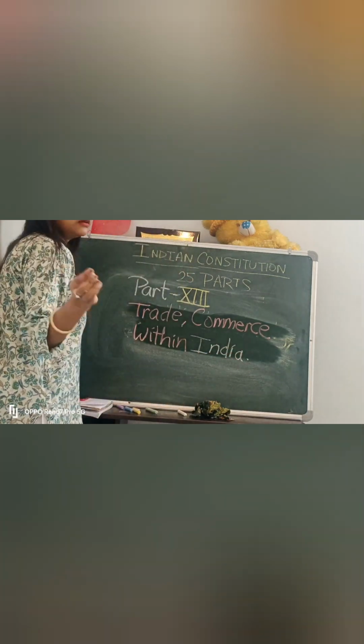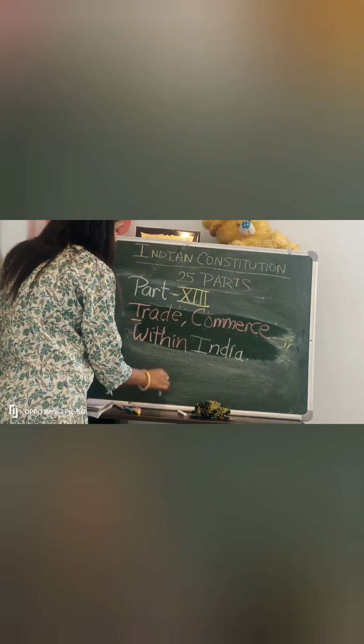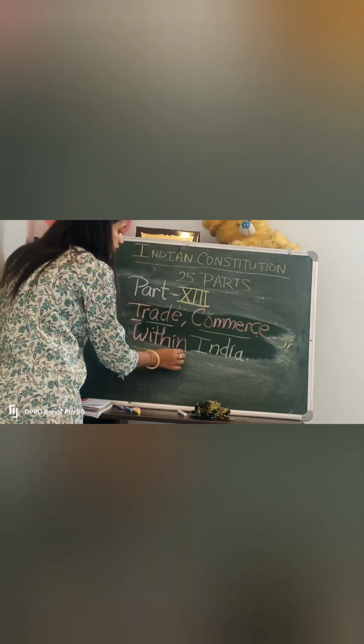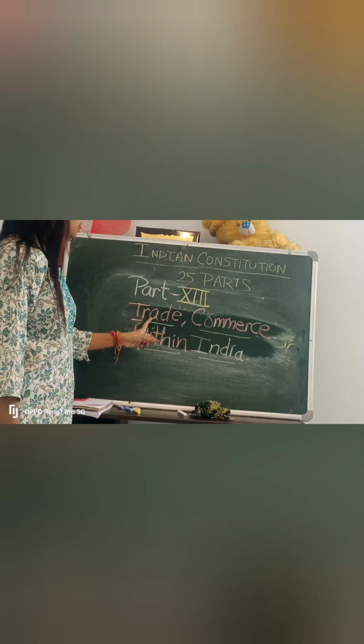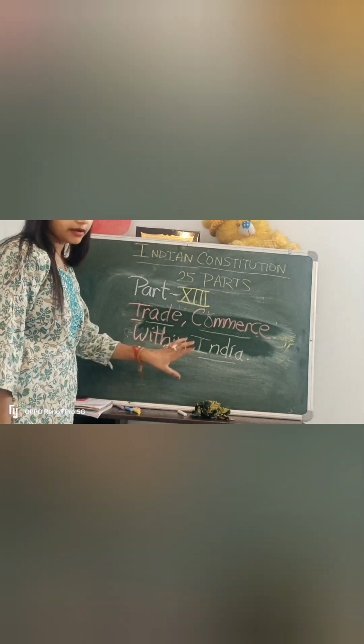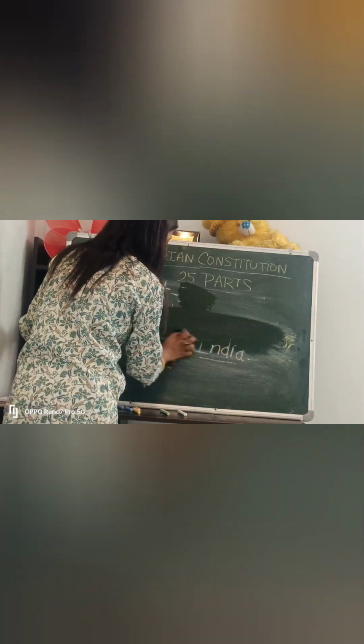The word was T, taste. You may see your mnemonics. Taste. Trade, commerce within India. What is part 13 of the Indian Constitution? Trade, commerce within India. It is easy.